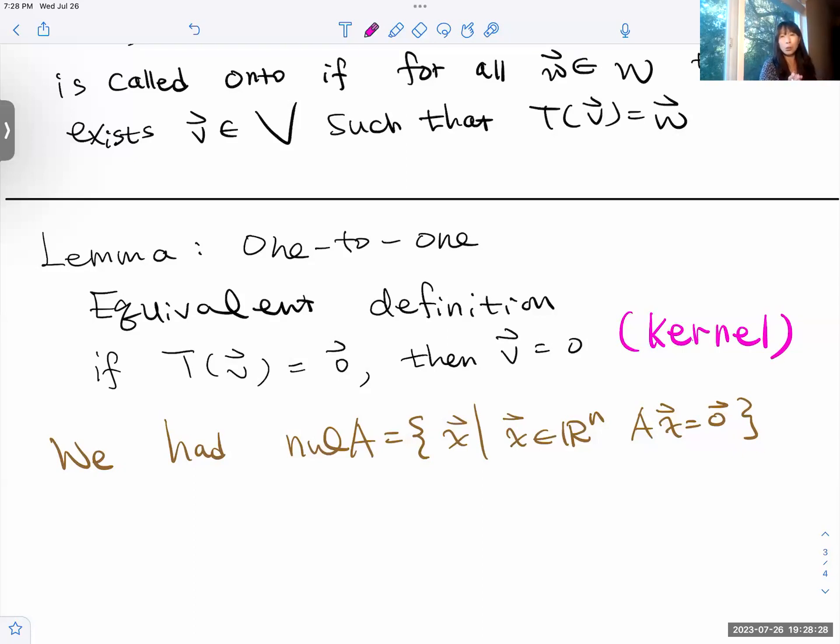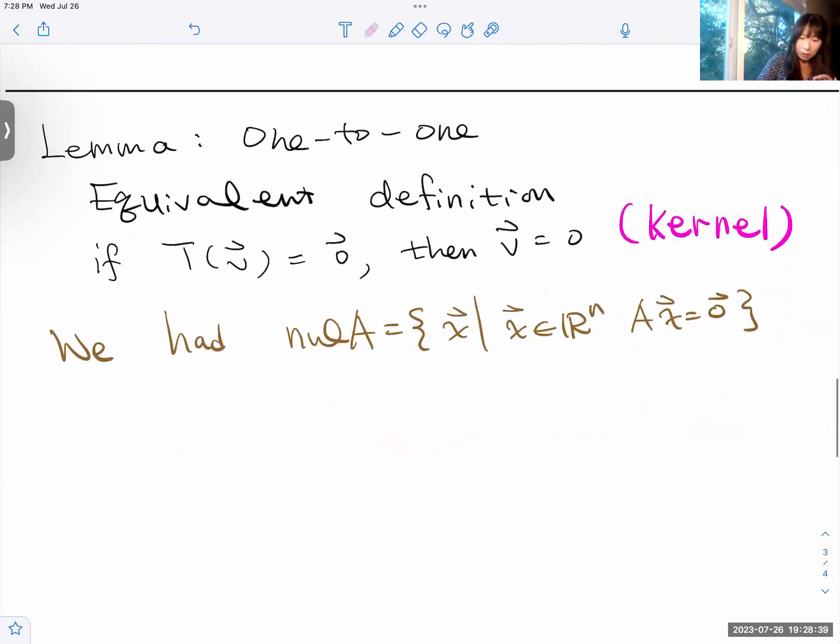Okay, we are going to talk more about this definition. Okay, now we have an example.